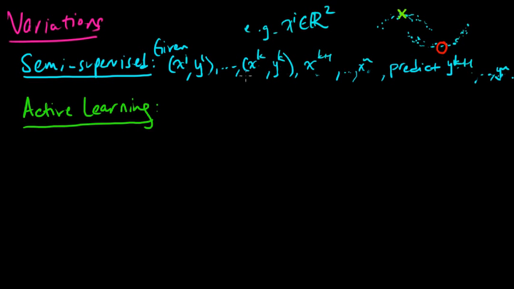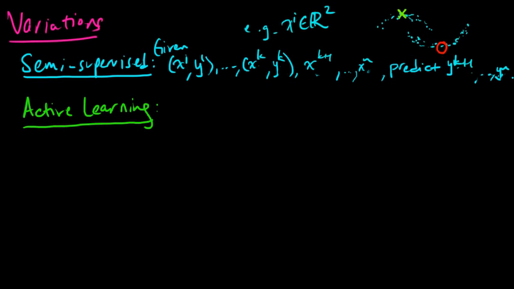Active learning is something sort of similar. What you're given is basically the same as this, and now you also get to ask for the labels, the y's, for particular points. So first, maybe you're just given this, and you do the best you can, but then you get to ask.